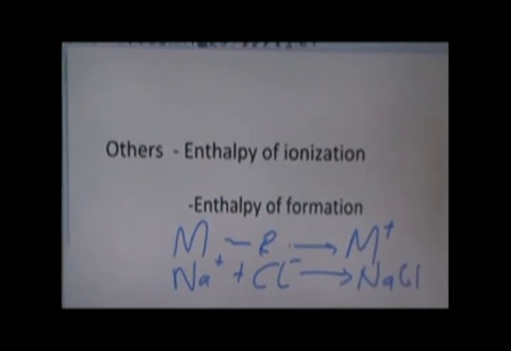And that is what we call enthalpy of ionization. Well, enthalpy of formation is when 2 ions come together to form a substance. We have this sodium ion, it comes with a chloride ion to form sodium chloride, which is the salt you normally eat.